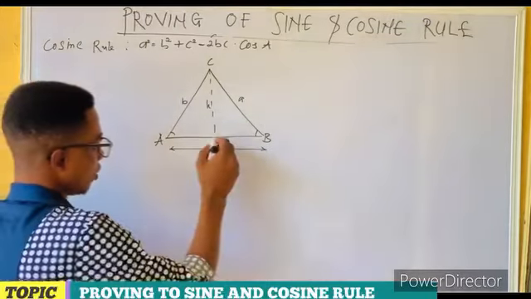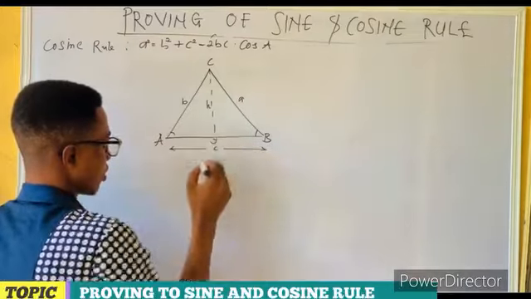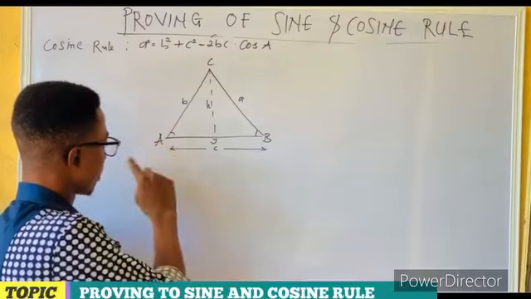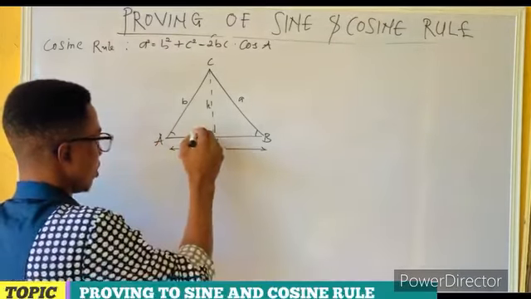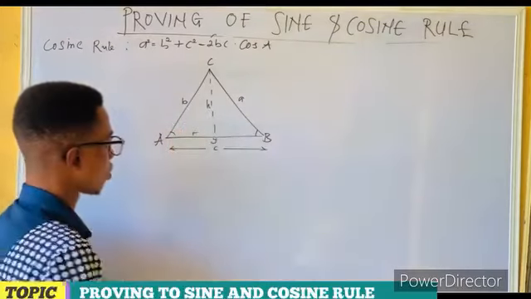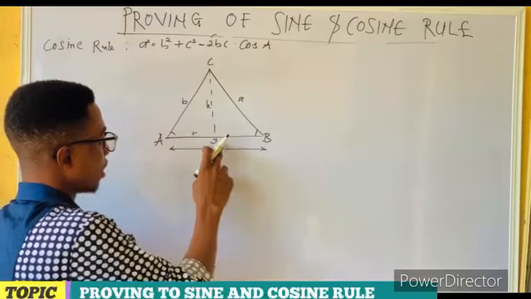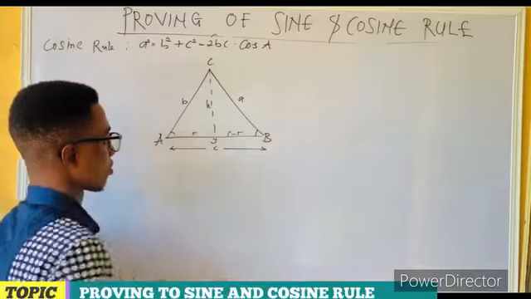Of course, let's denote here as Y. We know that if the side length of A to Y is r, of course we know that the side length of Y to B would be c minus r.